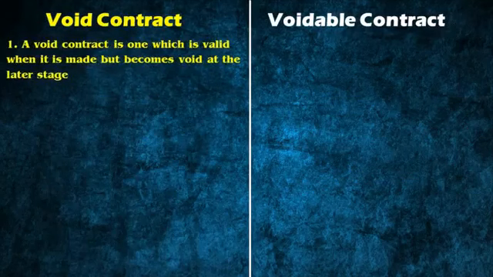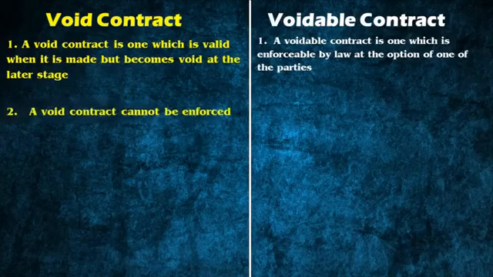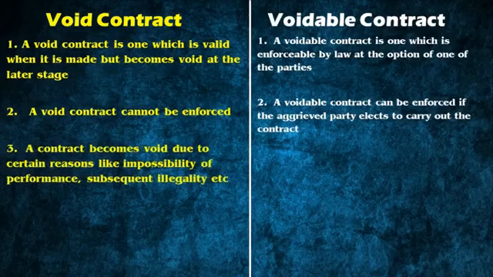1. Void contract: a void contract is one which is valid when it is made but becomes void at a later stage. Voidable contract: a voidable contract is one which is enforceable by law at the option of one of the parties. 2. A void contract cannot be enforced, whereas a voidable contract can be enforced if the aggrieved party elects to carry out the contract. 3.